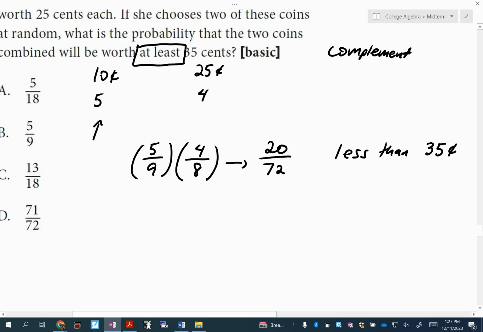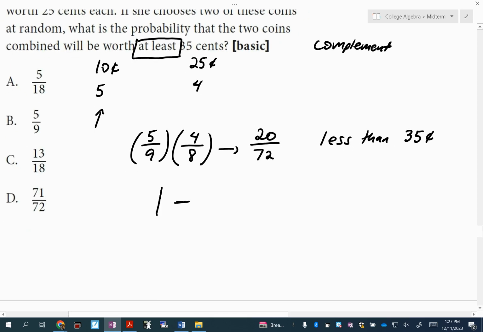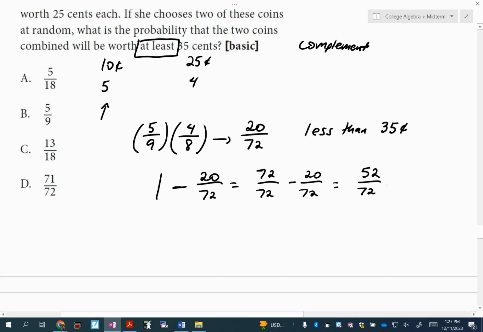Okay, so now if I do the complement to that, 1 minus 20 over 72, I will have my answer. Okay, so subtracting 72 over 72 minus 20 over 72 is going to give me 52 over 72. You don't see that in the answer choices because we can't reduce it.